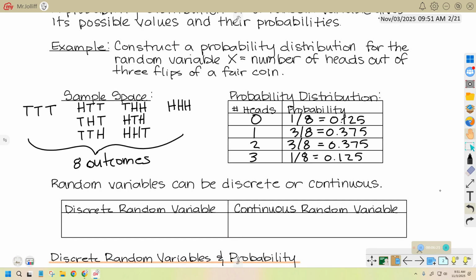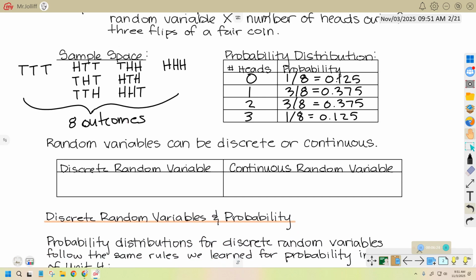It turns out that these random variables that we're keeping track of, in this case number of heads, can be discrete or continuous. Those are words we've heard before. Who remembers what a discrete value is? What does it mean for a number to be discrete?